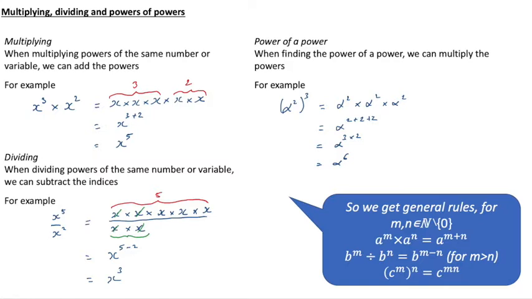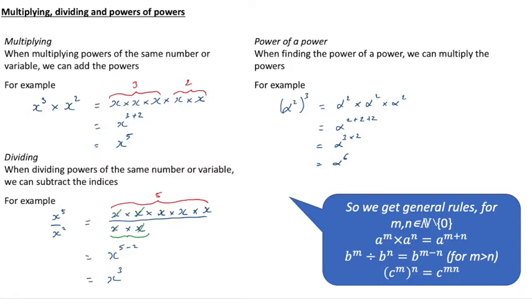So what that means is the numbers m and n are members of, that's that sort of Greek e, n is the natural numbers, and the slash means without, and the curly bracket with a 0 on means without the number 0. So what it's saying is that m and n are natural numbers, which means the numbers 1, 2, 3 and so on, but without 0. So that's a mathematical way, if you like, of saying m and n are positive whole numbers.